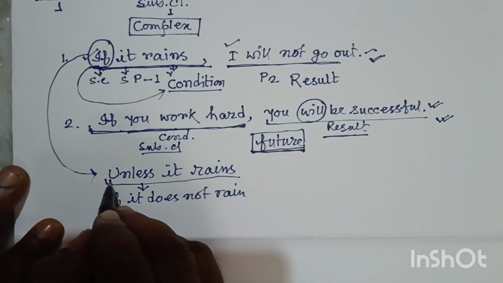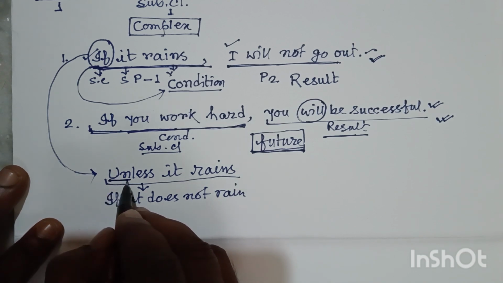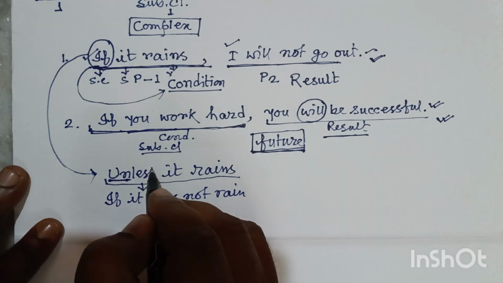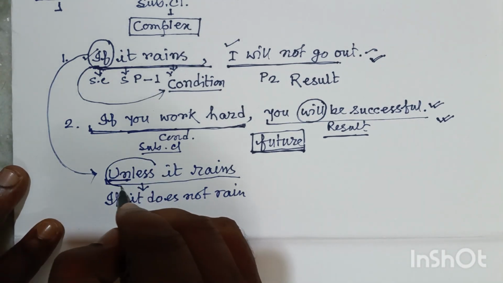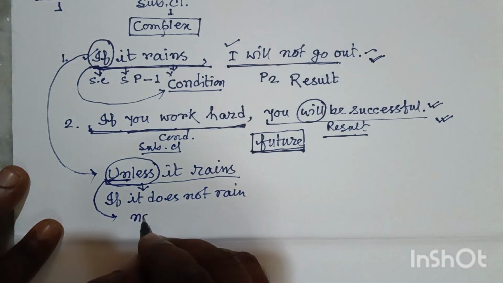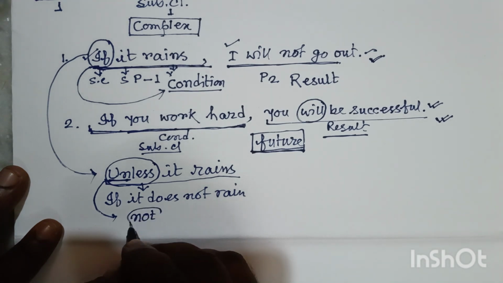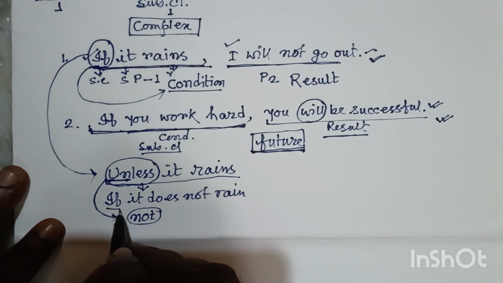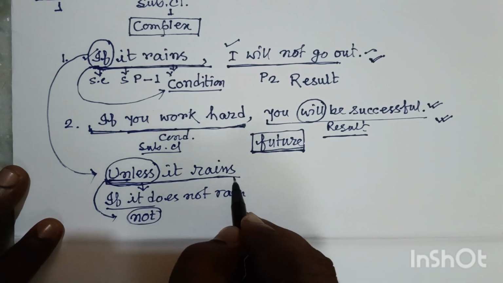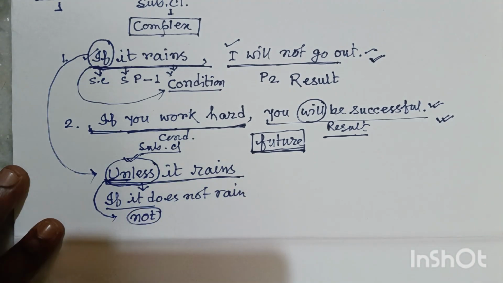Actually, the prefix un, if it is added to any word, it becomes a negative word. That means inside unless there is the presence of a not. So there is no need to use any separate not within this part whenever we are using the term unless.